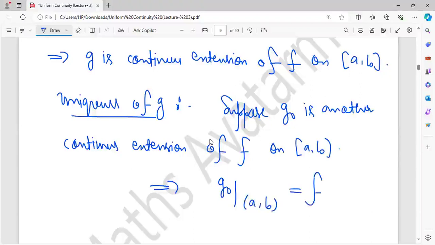But on the open interval, it is equal to g also. So it means g0 is equal to g on (a, b).